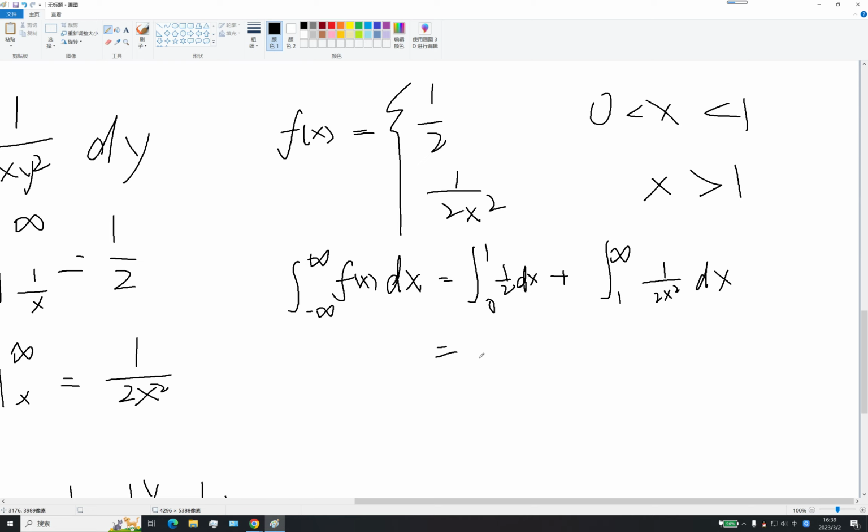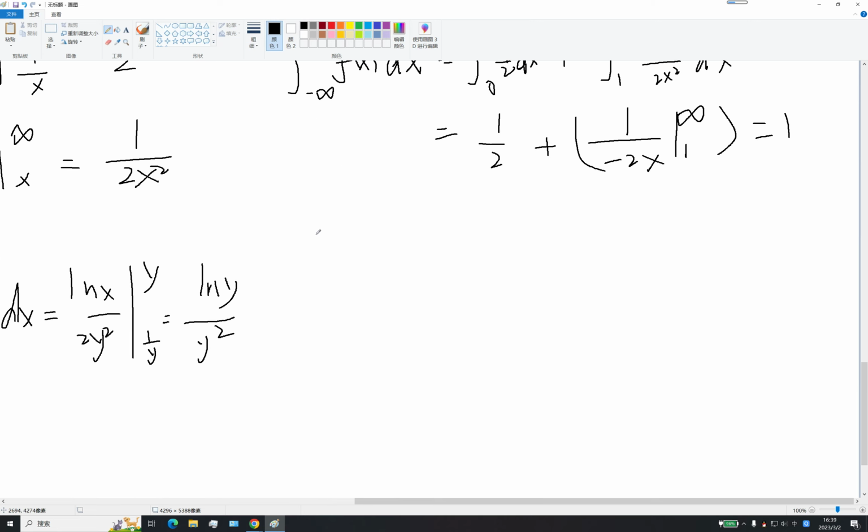This is 1 over 2 plus 1 over 2, so the answer is 1. Because this is 1, f_X is a valid density function.